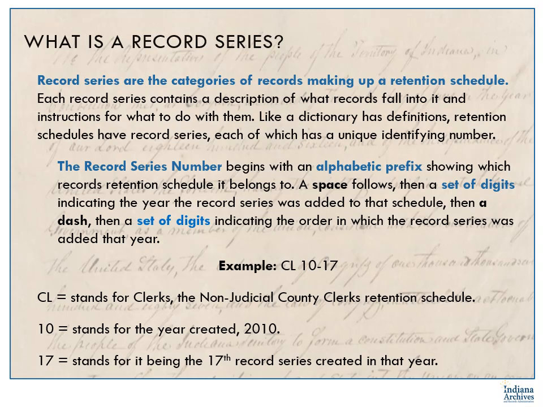I've provided an example here, CL 10-17. CL stands for clerks, so this record series is on the non-judicial county clerks retention schedule. The 10 stands for the year it was created, so 2010, and 17 stands for it being the 17th record series created in that year.